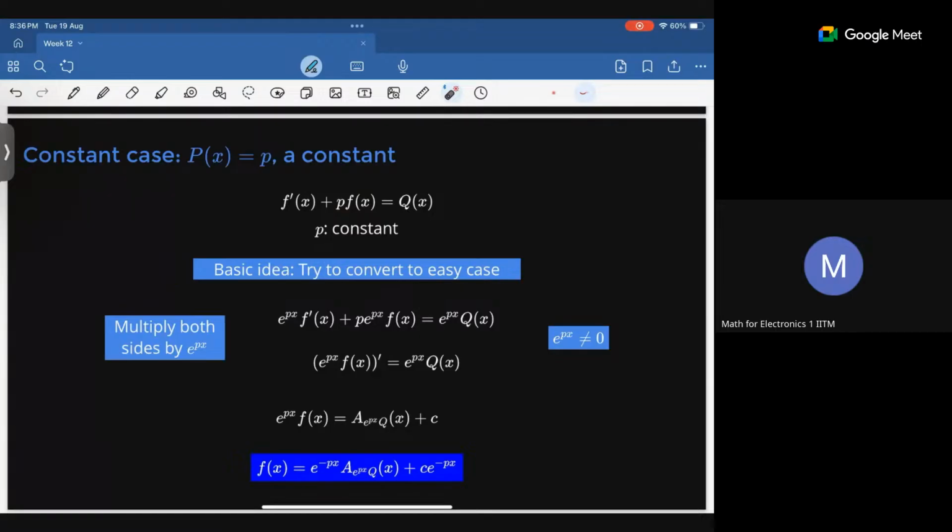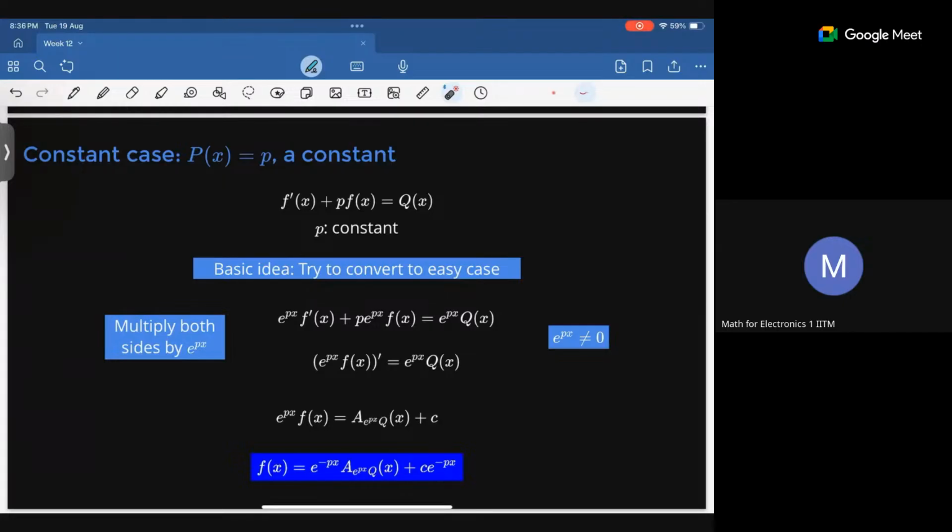How can we convert to the easy case? We will try multiplying both sides of the equation by e power px. So if we have the constant as p, we will take that constant in the power of the exponential, e power px, and multiply it on both sides.